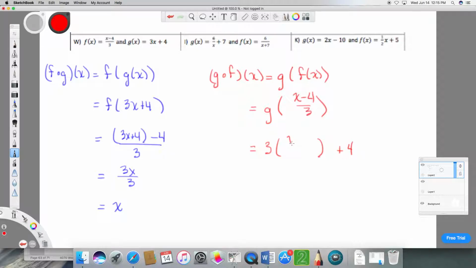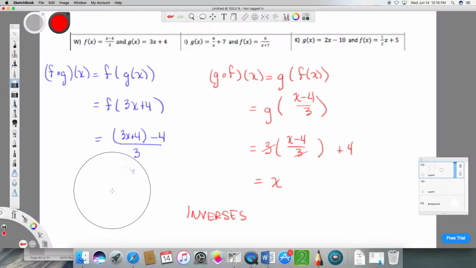So this time the input is this ratio, and 3 divided by 3 is 1, and the negative 4 and positive 4 cancel with each other. We get x. So we conclude that these two functions are inverses of each other, and you could rename g as f inverse, or you could rename f as g inverse, just to illustrate the relationship.